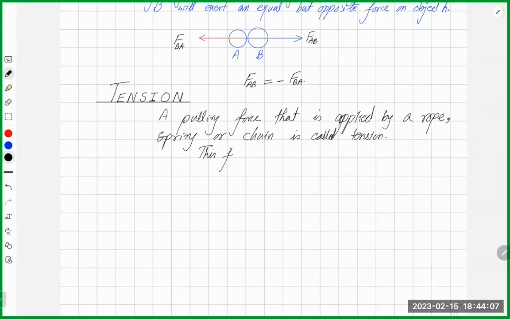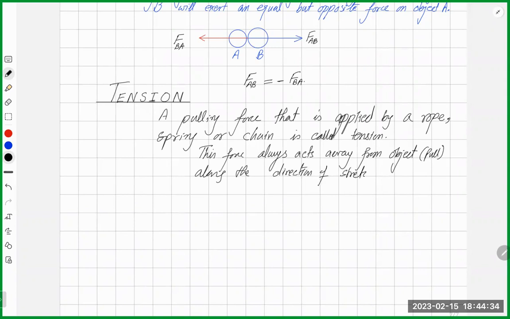This force always acts away from the object along the direction of the stretched rope.